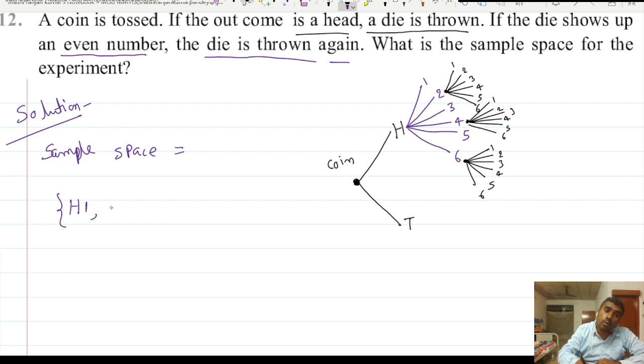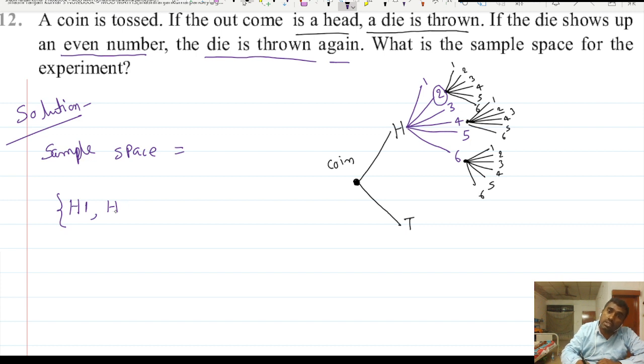Let us suppose your coin shows head and your die shows 2. When the die shows 2, this is an even number, so you have to throw the die once again.